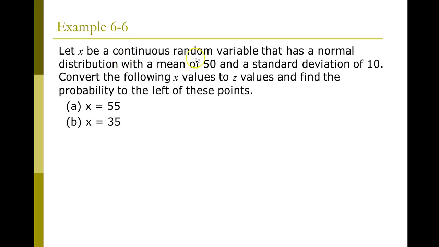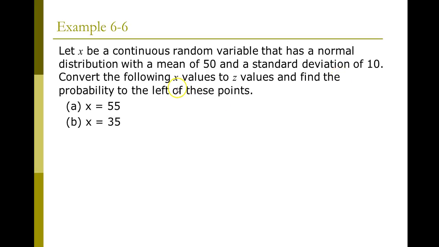So let x be a continuous random variable that has a normal distribution. So it is normal, but it's not centered at 0. It doesn't have a mean of 0. It has a mean of 50. And it has a standard deviation not of 1, but of 10.